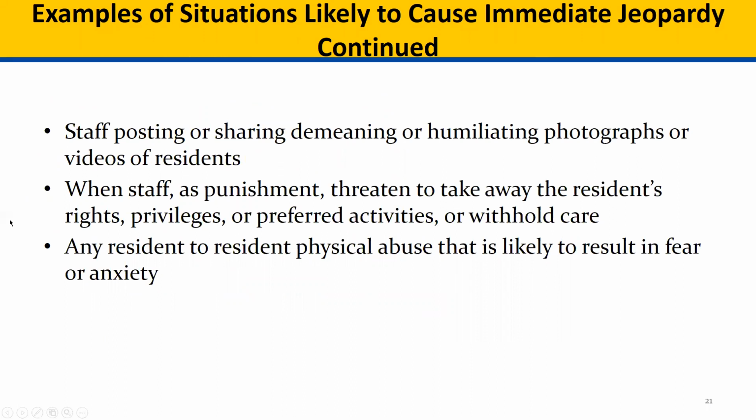Staff posting or sharing demeaning or humiliating photographs or videos of nursing home residents. When facility staff, as punishment, threaten to take away the resident's rights, privileges, or preferred activities, or withhold care from the resident. Any resident-to-resident physical abuse that is likely to result in fear or anxiety.